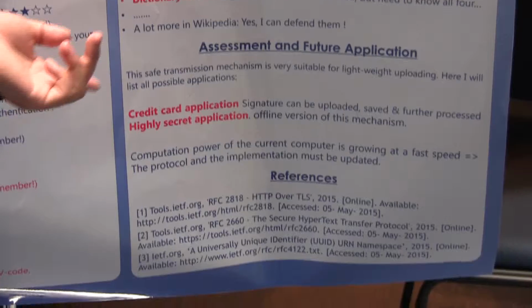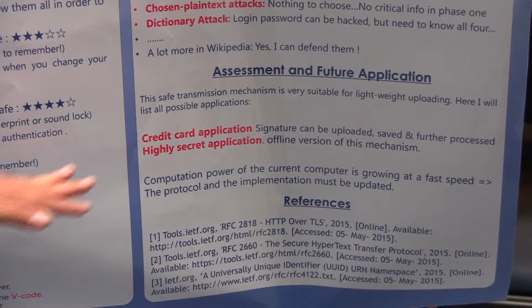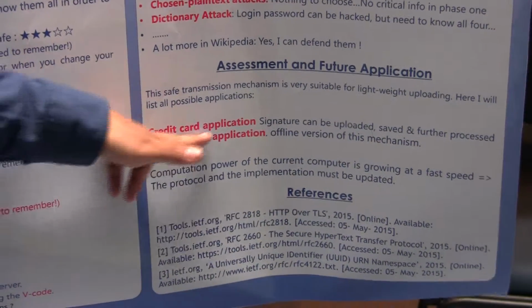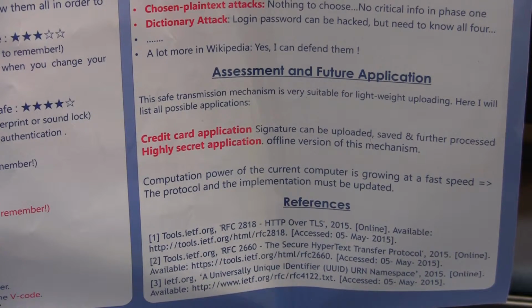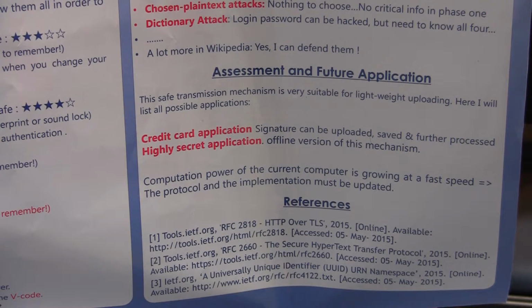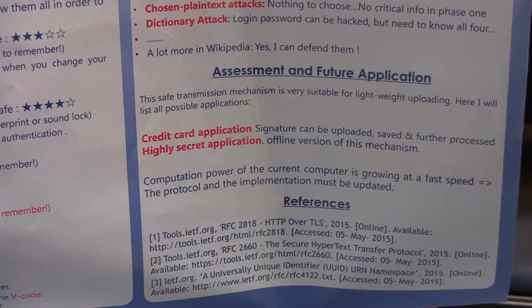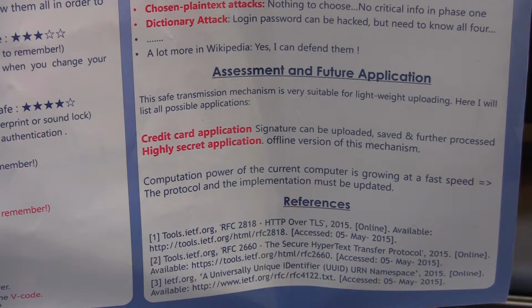About the assessment of future applications, this protocol can be used in a credit card application. For example, the signature captured and uploaded to the server will be fed into a machine learning algorithm to detect whether this signature was really written by the client himself.